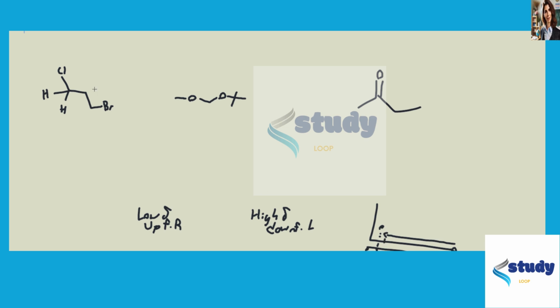And if we look at something that's more shielded, for example this proton here, this proton is adjacent to one carbon, so it has a whole carbon distance away from these electronegative atoms. So this carbon is going to have more localized electrons around its nucleus, so it's going to require a greater amount of energy to cause that spin flip.